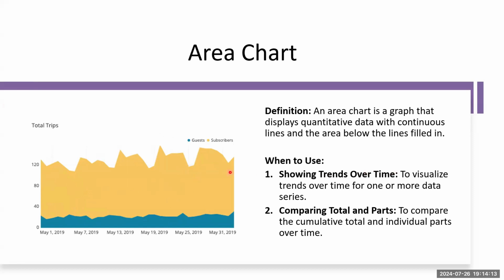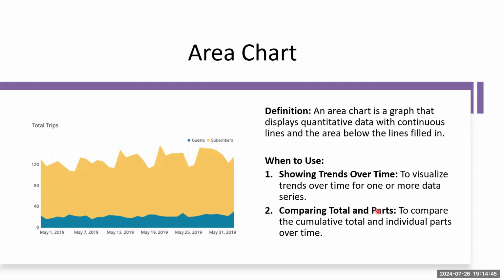Showing trends over time, meaning we could have just used this line, and it will become a line graph, two line graphs. So this is a variation of a line graph. It shows trends over time, to visualize trends over time for one or more data series. So if it is this use case, you could have used a line graph also, or use this.